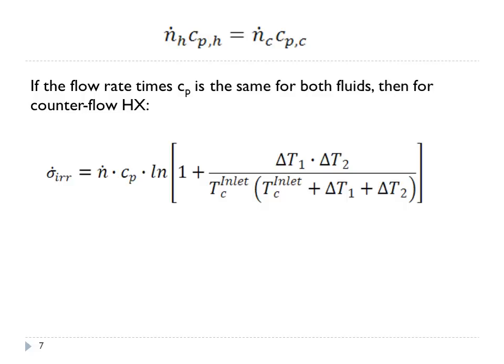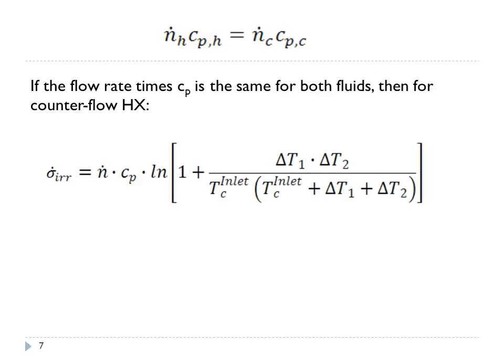So the logarithm of the quantity 1 plus x is roughly x. In that case, the exergy destruction, sigma dot irreversible times T naught, would be equal to T naught times n dot times C sub P times delta T2 times delta T1, divided by temperature cold inlet times temperature hot inlet.